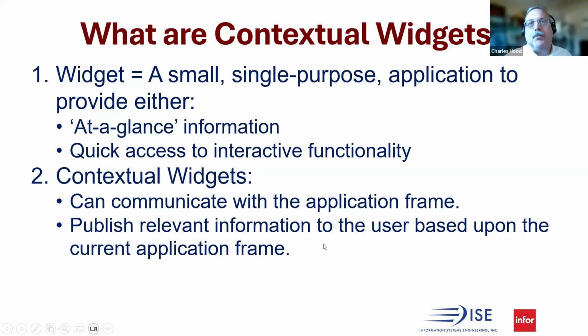So depending on what application they're in, they could be in XA, LX, or System 21, inside of System i Workspace Anywhere, inside of Infor OS. You click on a particular record, and the context widget will display the relevant information.